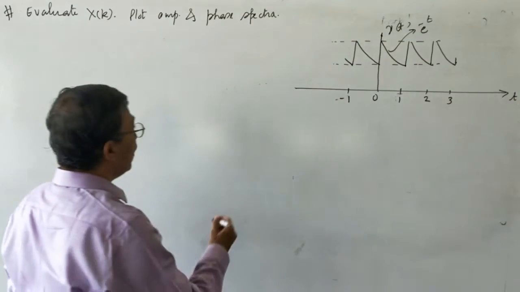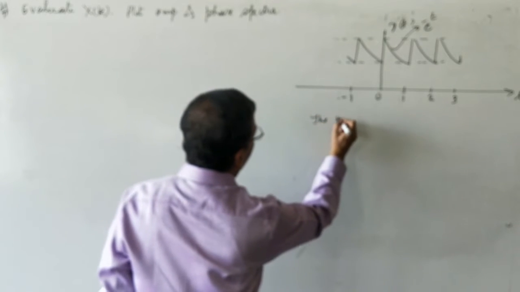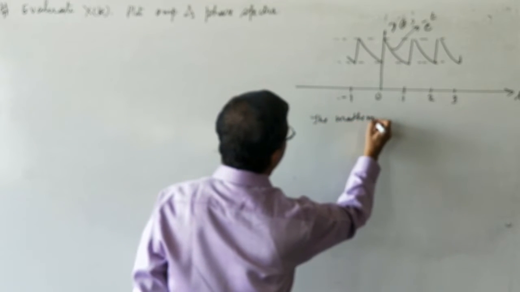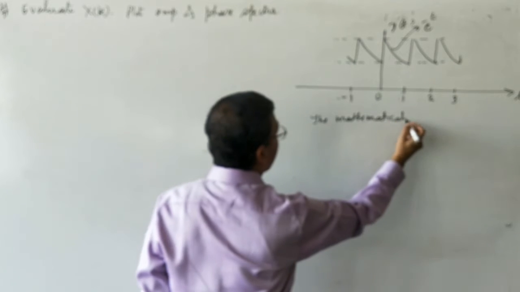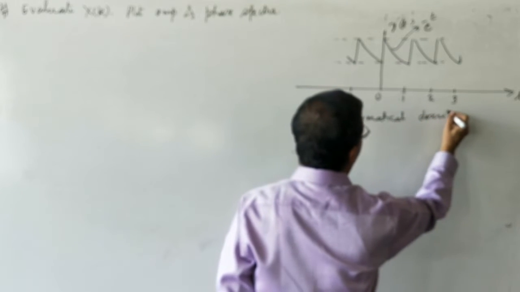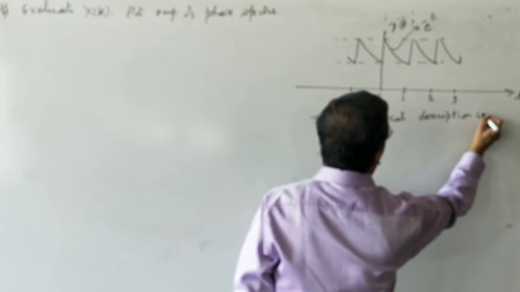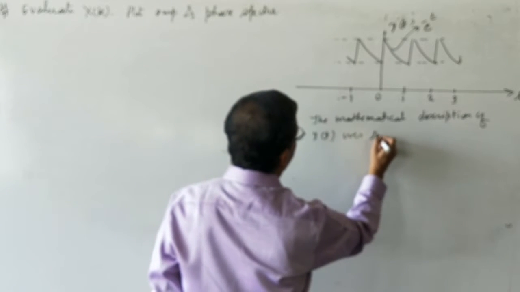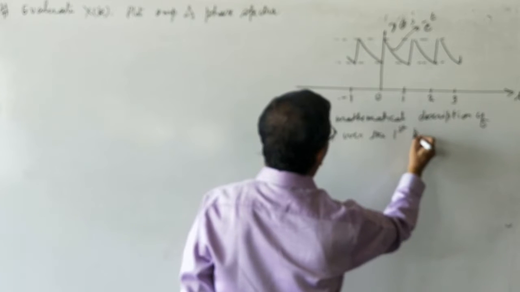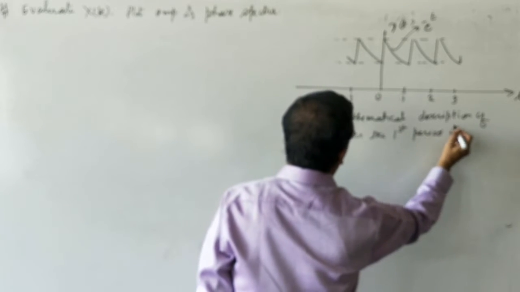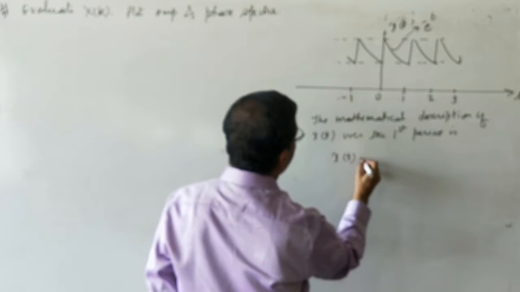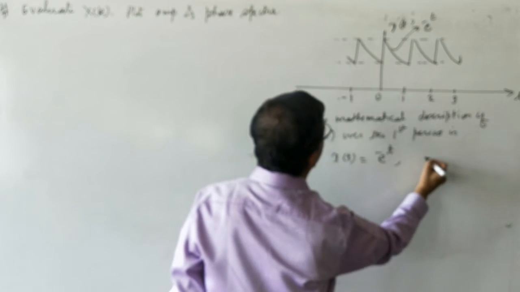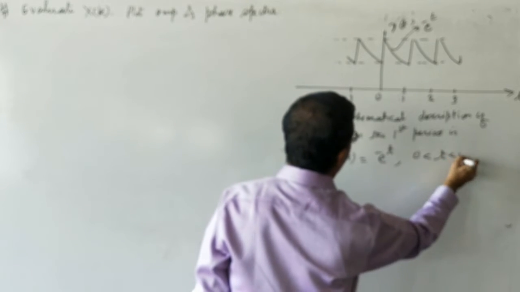The mathematical description of x of t over the first period is x of t equals e power minus t for t varying from 0 to 1.